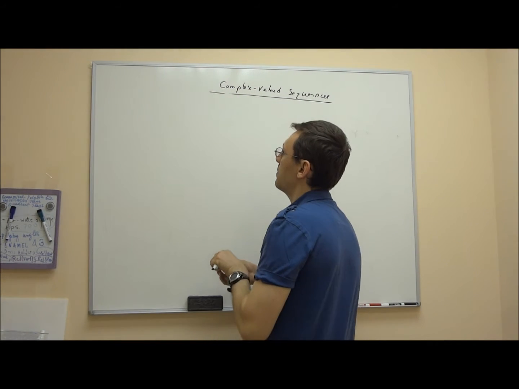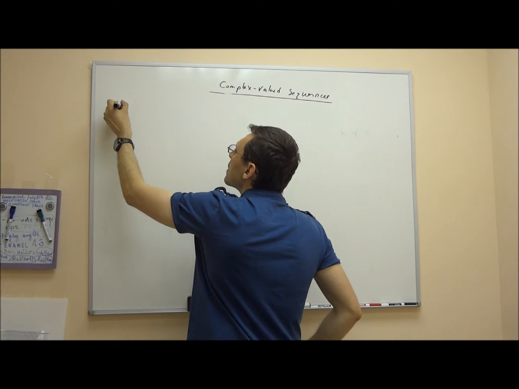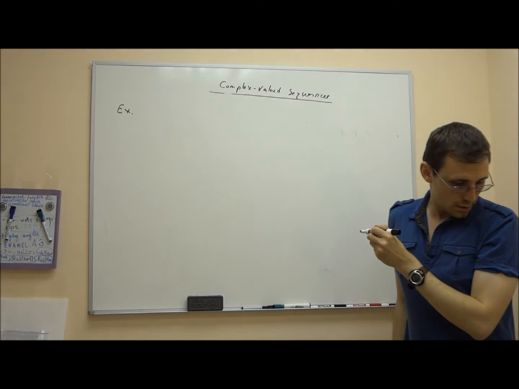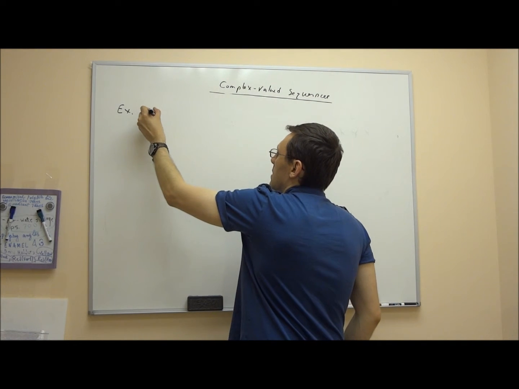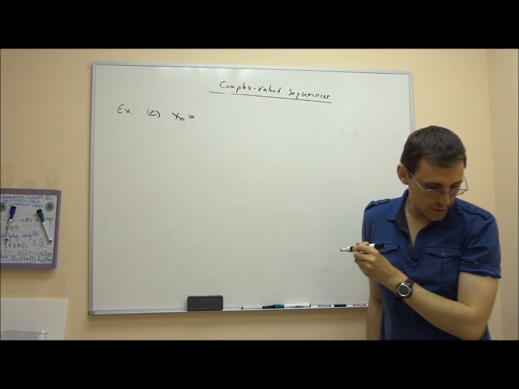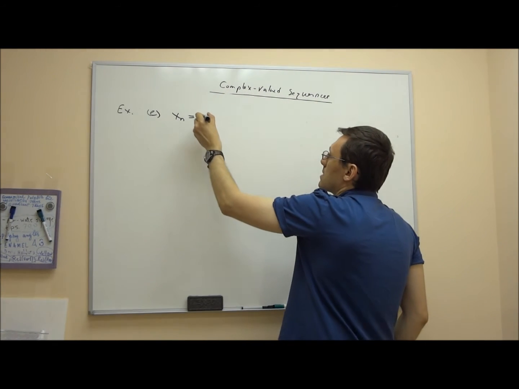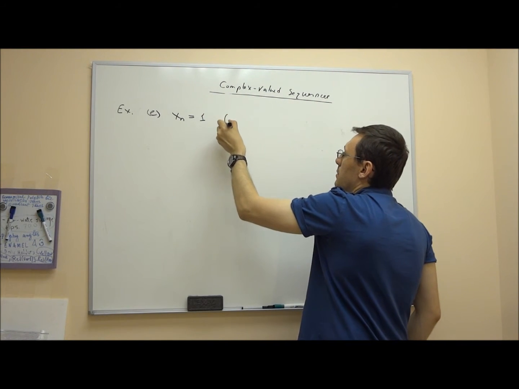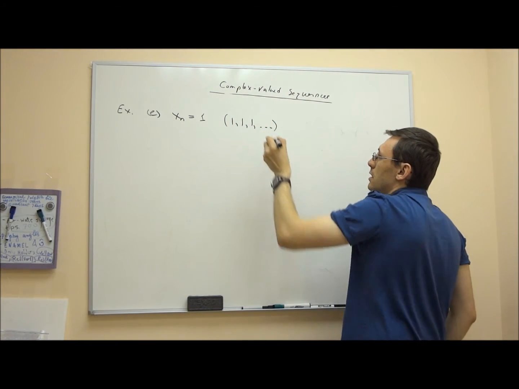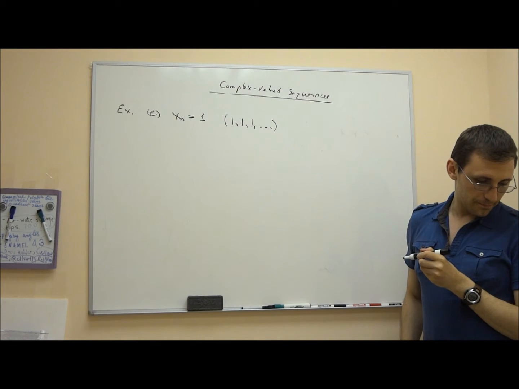Maybe one more example. So this is example E. We can take the sequence xn to just be the constant sequence. So it's always equal to 1. So that means that we have 1, 1, 1. For each place in the tuple, the output is 1.